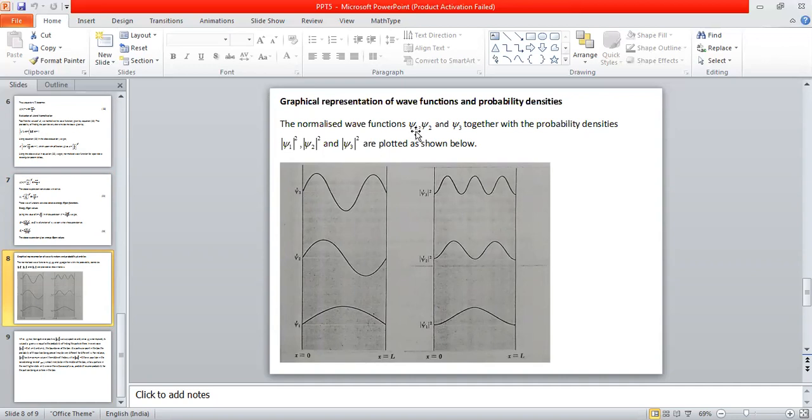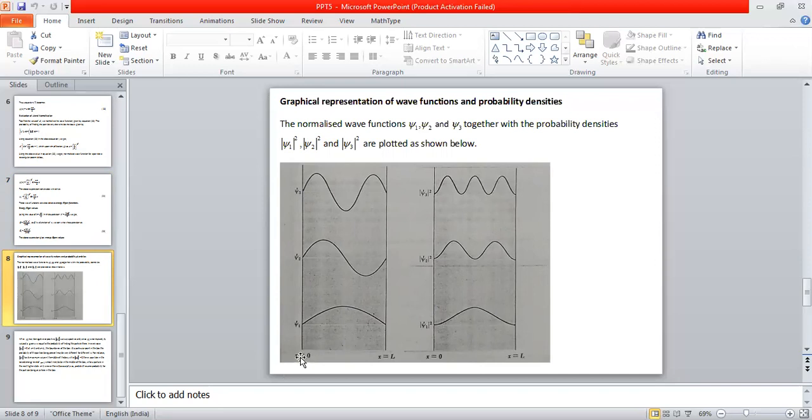That means for the first state, wave function psi1, the probability density is modulus of psi1 square. For the second state, if the wave function is psi2, its probability density curve is modulus of psi2 square, and so on. It has been done for three different cases: for n is equal to 1, n is equal to 2, and n is equal to 3. Let us discuss them one by one.